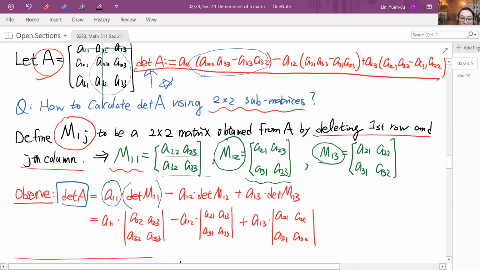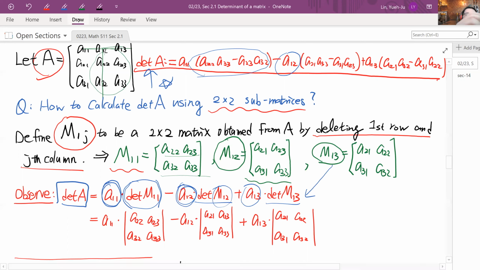Subtract A12 times the determinant of M12, and plus A13 times the determinant of M13. Now there's a pattern. The entry A11 corresponds to the determinant of capital M11, so the index matches, 11 corresponding to 11. Same thing here, 12 corresponding to capital M12.